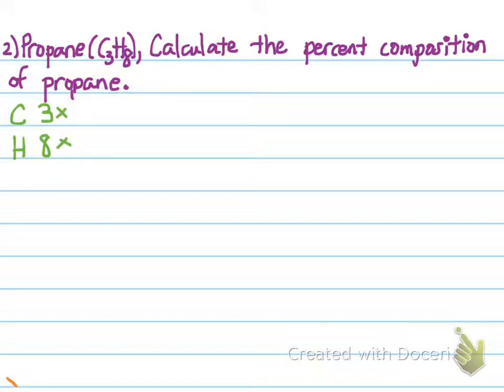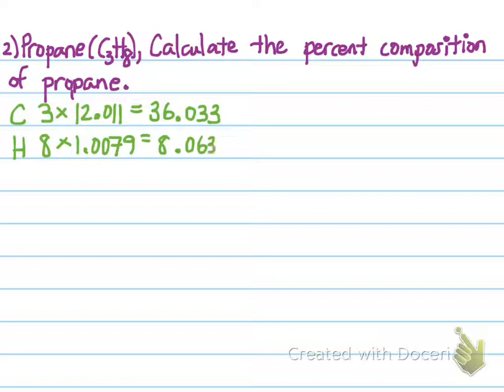And carbon has a mass of 12.011, and hydrogen has a mass of 1.0079, according to the periodic table I'm using. So I'm going to get 36.033 here and 8.0632 here.